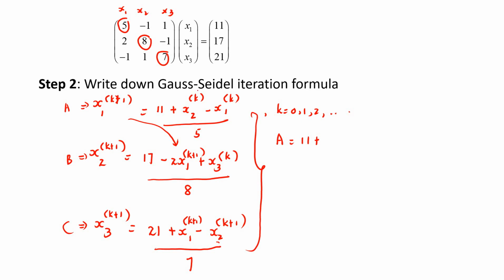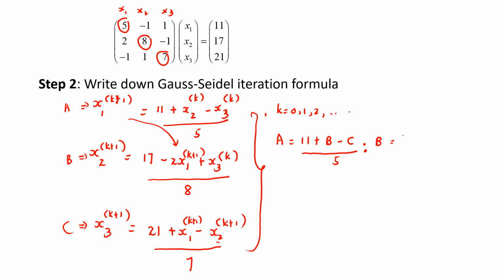In the calculator we don't care whether it is step k or k plus 1. x2 is B, x1 is A, x3 is C. Divide by 1. Then you put the colon. You can get the colon from the calculator.